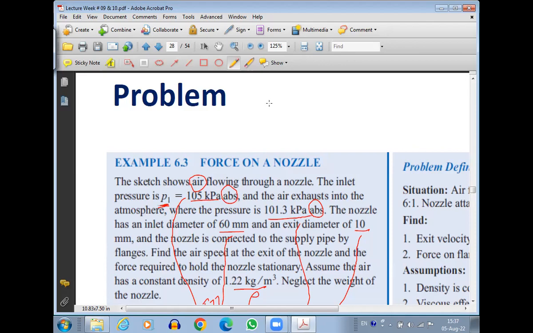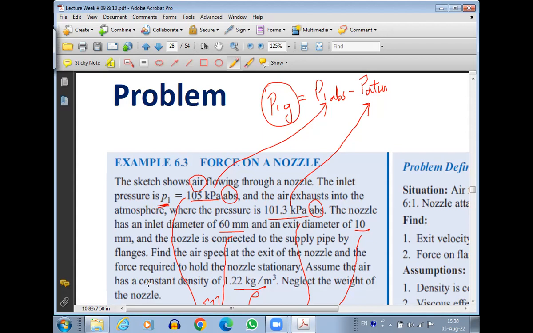So what would the gauge value be? P1 gauge is equal to P1 absolute minus P atmosphere. Atmospheric pressure is given as well: 101.3 kilopascal absolute, since the air exhausts into the atmosphere. So we know the atmospheric pressure and we know P1 absolute, so we can find P1 gauge.